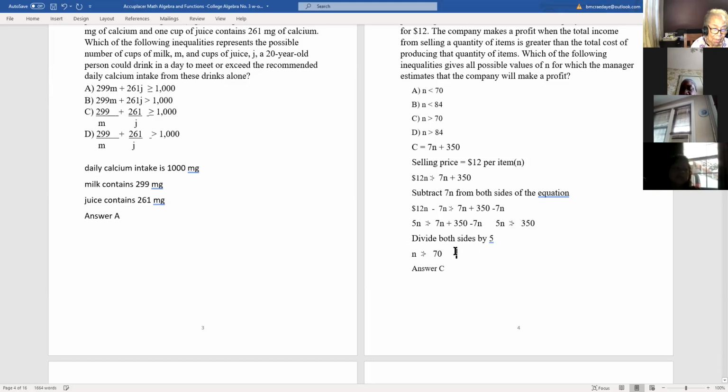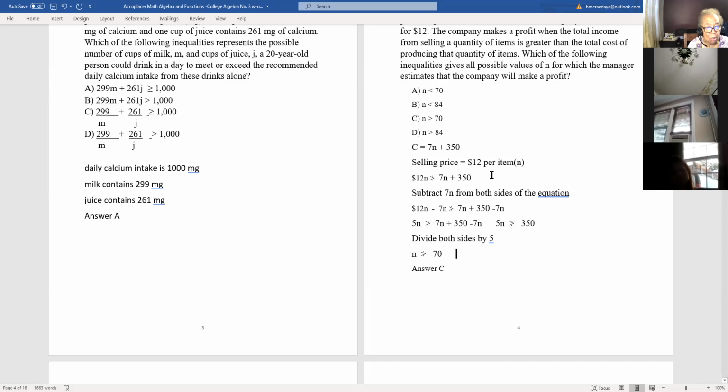Okay. Questions? To get a profit, what you sell must be greater than what it costs you to make the item, right? But the cost to make the item is 7 times the number of items plus 350.